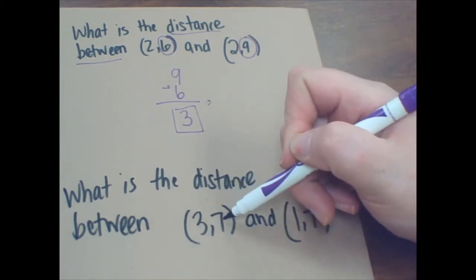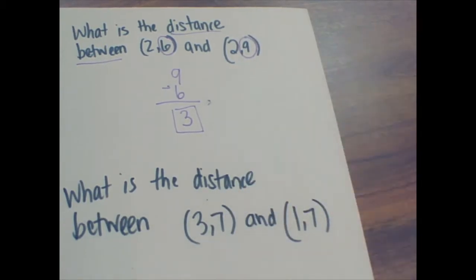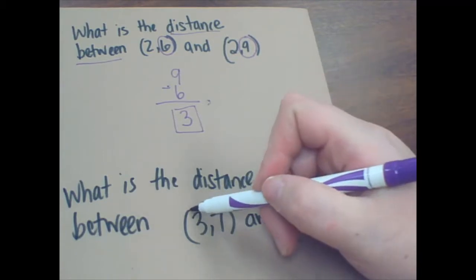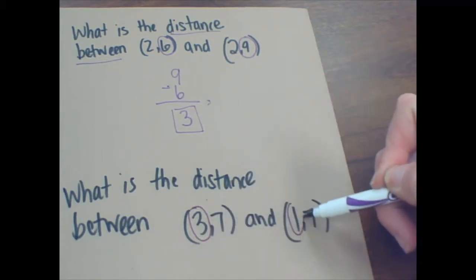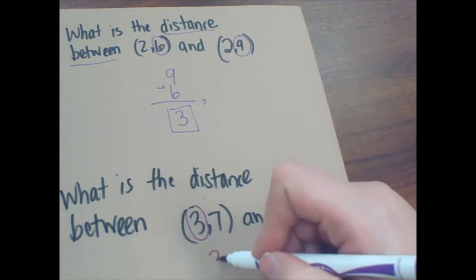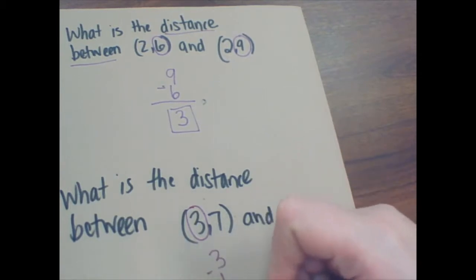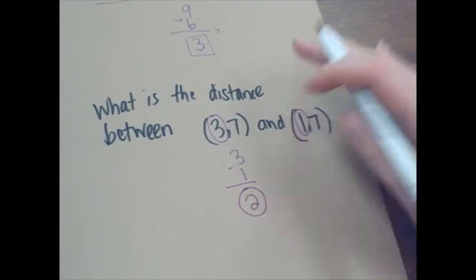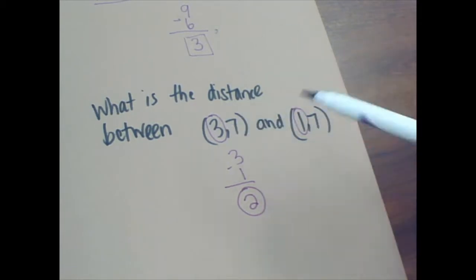The y values are the same here. They're both 7. So I need to look at the x's because that's what's different. 3 and 1. 3 minus 1 is 2. So the distance between those two ordered pairs is 2. Okay, so you're going to see something like that, so just kind of remember how to do that.